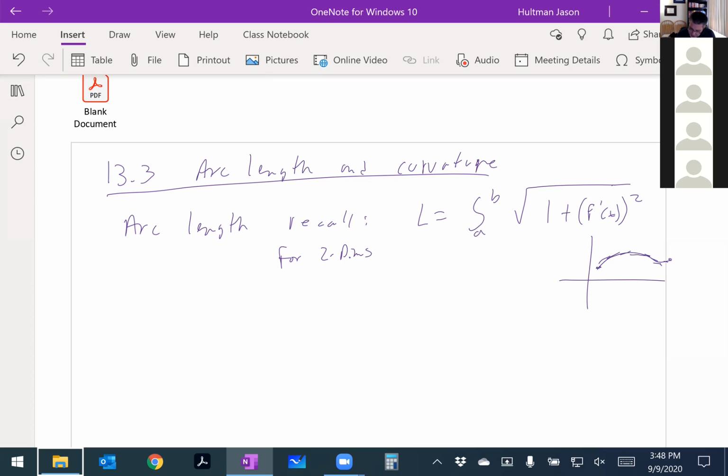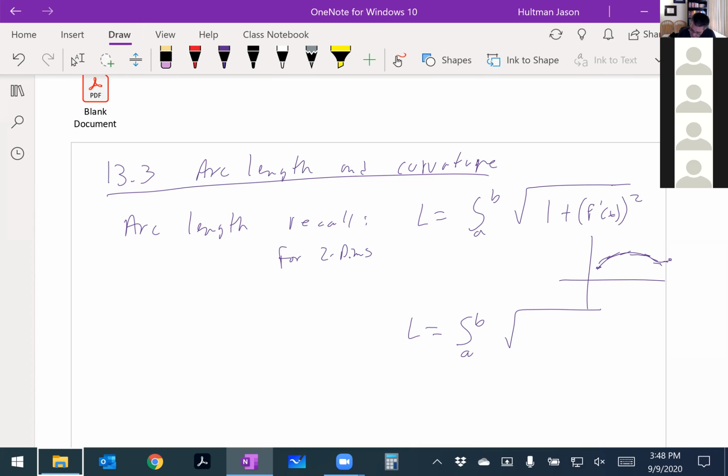The other way to write this is the integral from a to b of the square root of dx dt squared plus dy dt squared. We want to parameterize this.